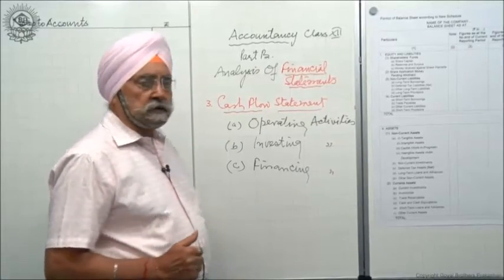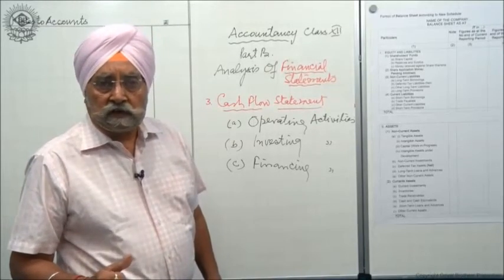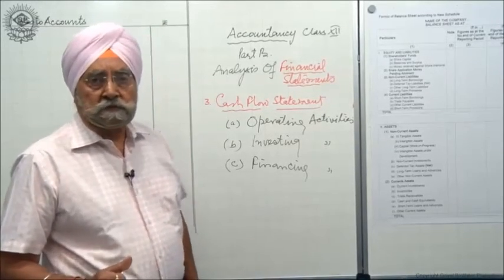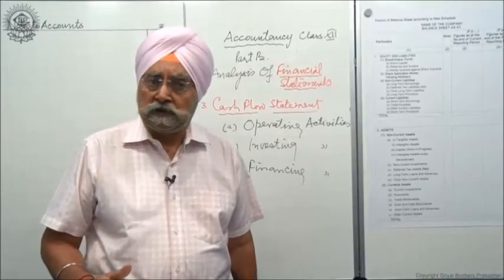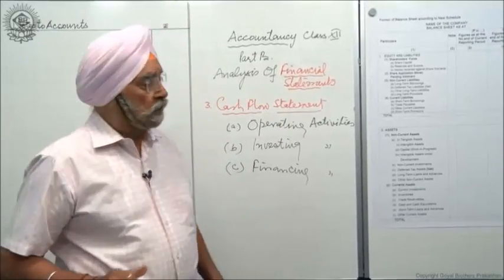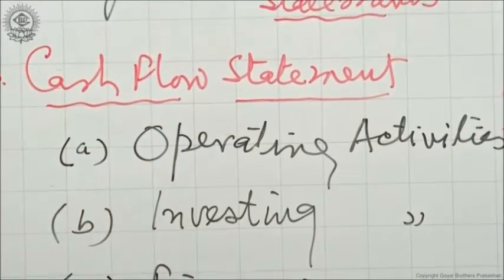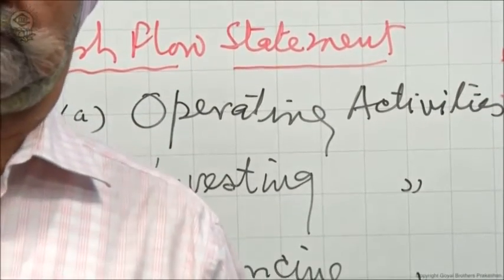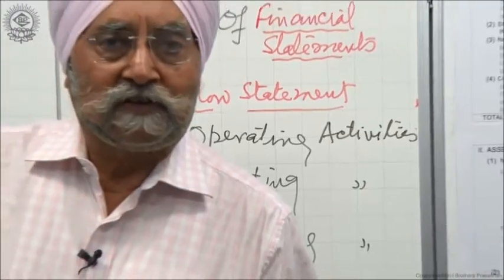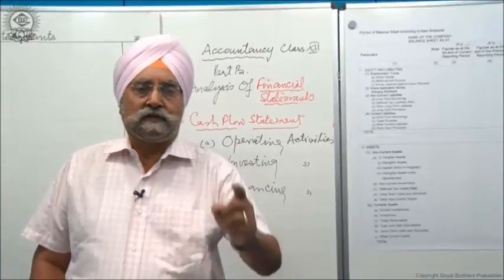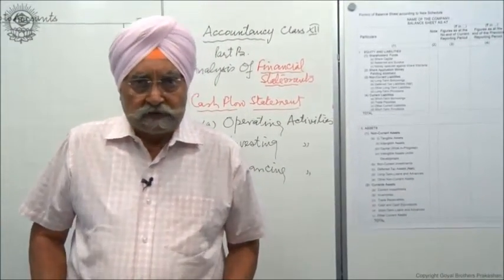We have a statement of profit and loss account which shows the financial performance of the company, and we have cash flow statement which shows the inflows and outflows of cash on account of operating activities, investing activities, and also financing activities.